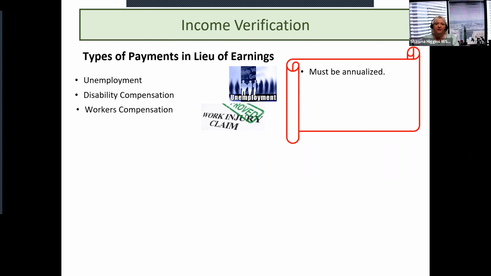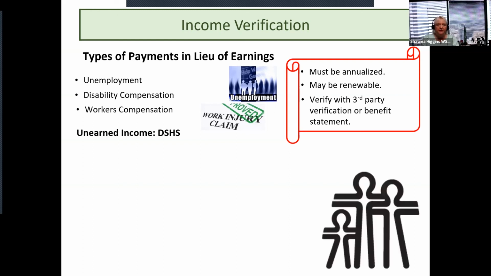Other than that, take their unemployment, disability, workers' comp, and you're going to times that times 12, or however you figure out the annualization, because they can be renewed. And then you're going to want to verify with the third-party verification or the benefit statement. So for instance, on unemployment, they can send you the amounts that they've been sending to the unemployed person. And you want to put that in the file.